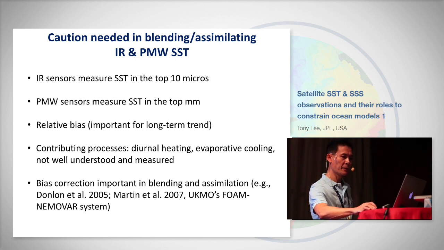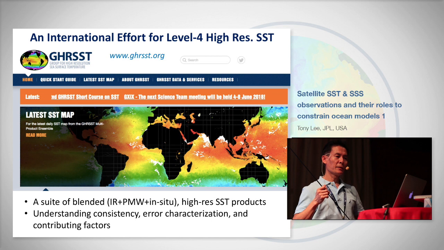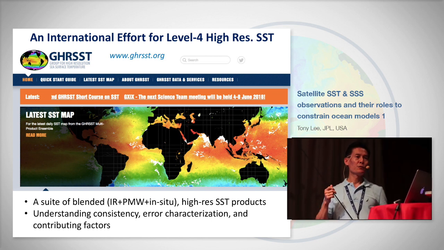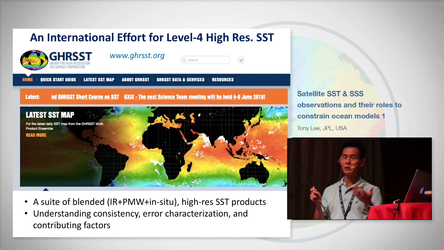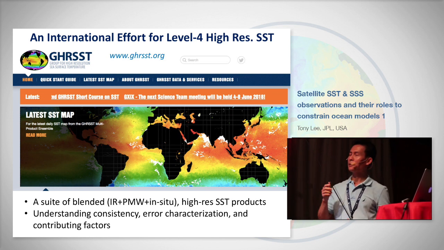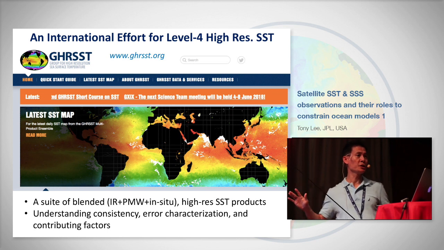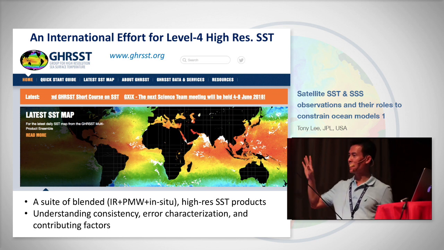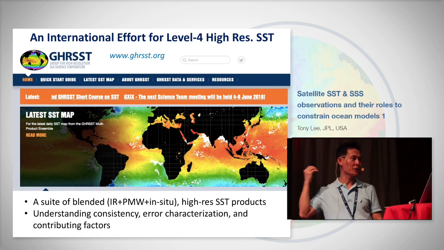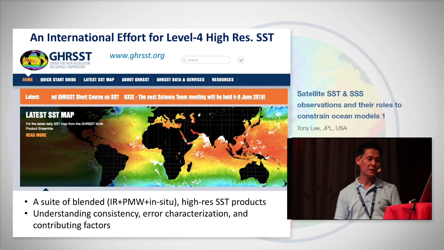Now the GHRSST project, which PRE have also mentioned, is a really great resource for high-level SST products, blended infrared, microwave, and many of them have in-situ also. And they have various ways to characterize the uncertainty among the different satellite products. This group of products provides some kind of uncertainty information for the SST data.